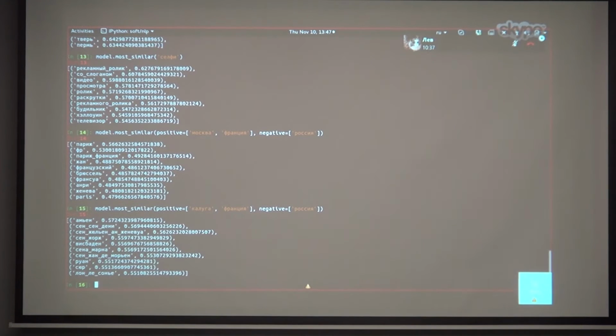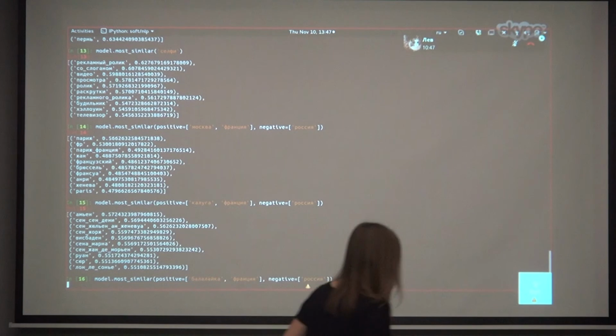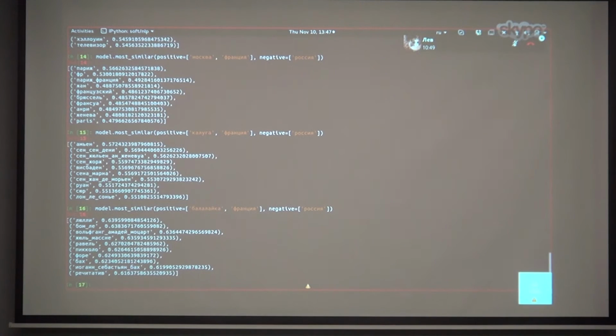What if we change it to balalaika? Okay, let's try that. Well, kinda again. I mean, Lully is a French composer, right? So, yeah, kinda works.